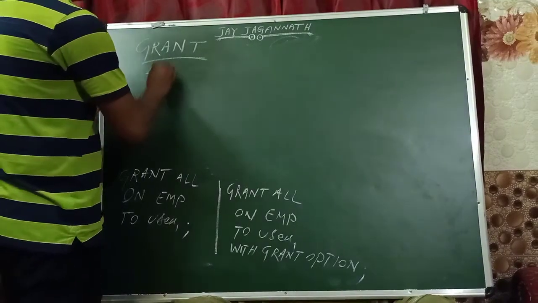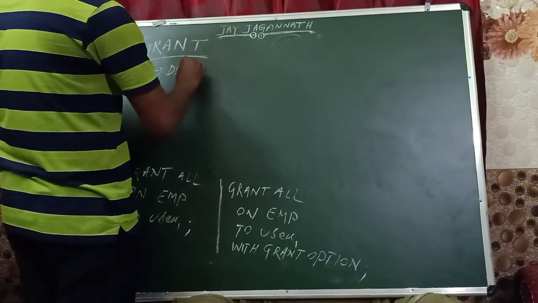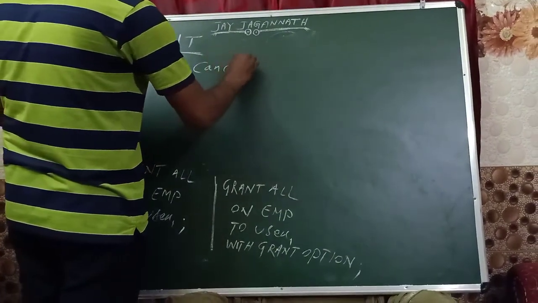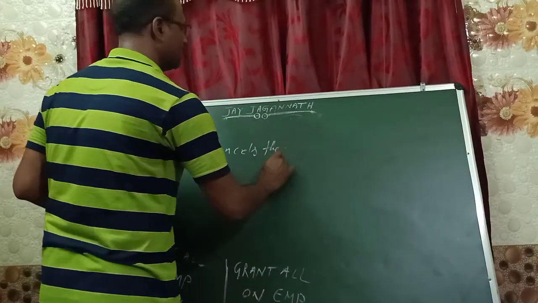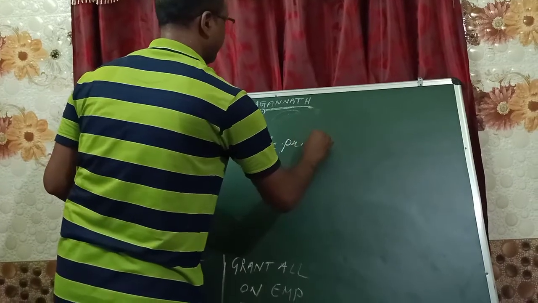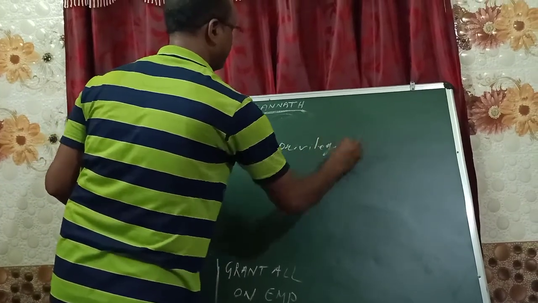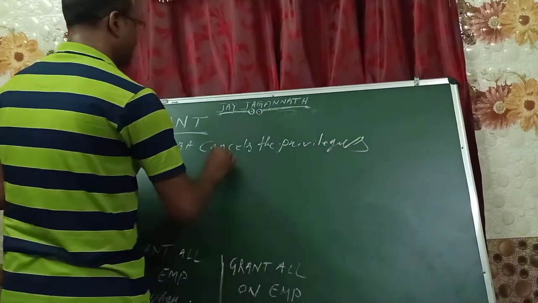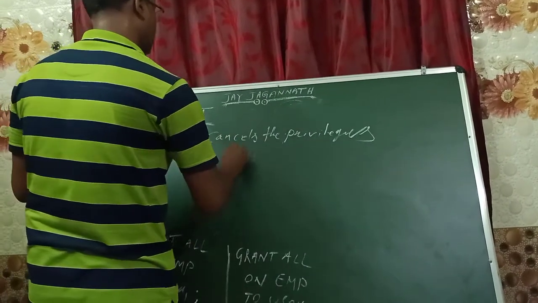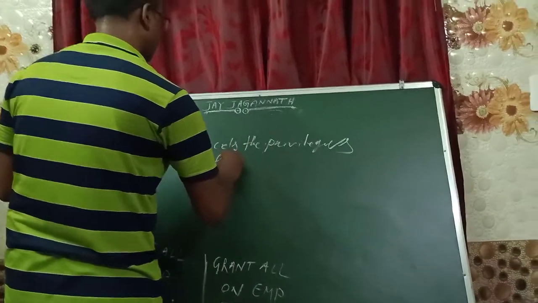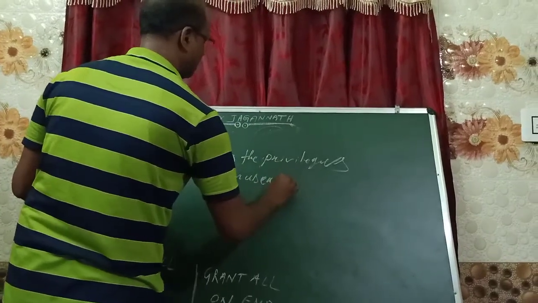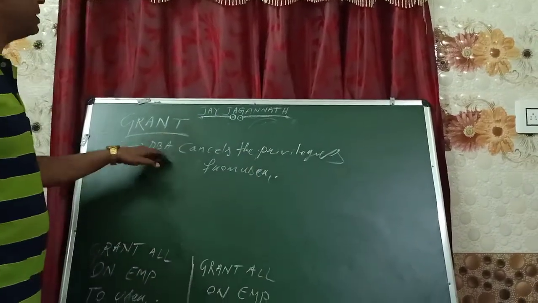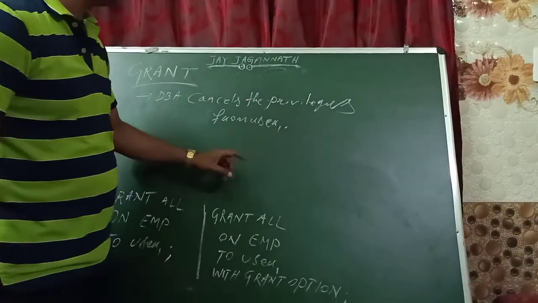In situation 1, suppose the DBA cancels the privileges from user 1. The DBA cancels the privilege from user 1.